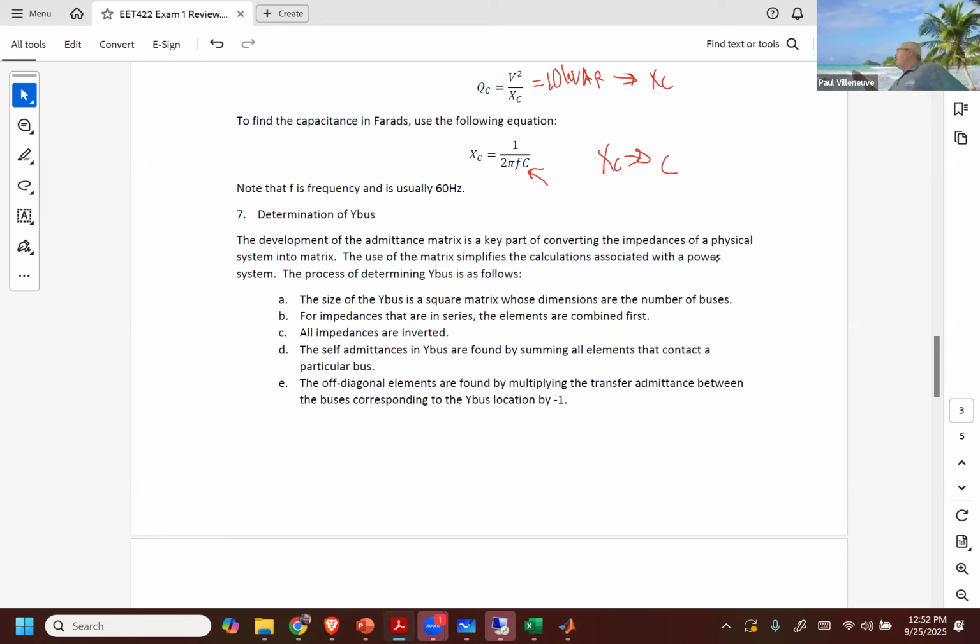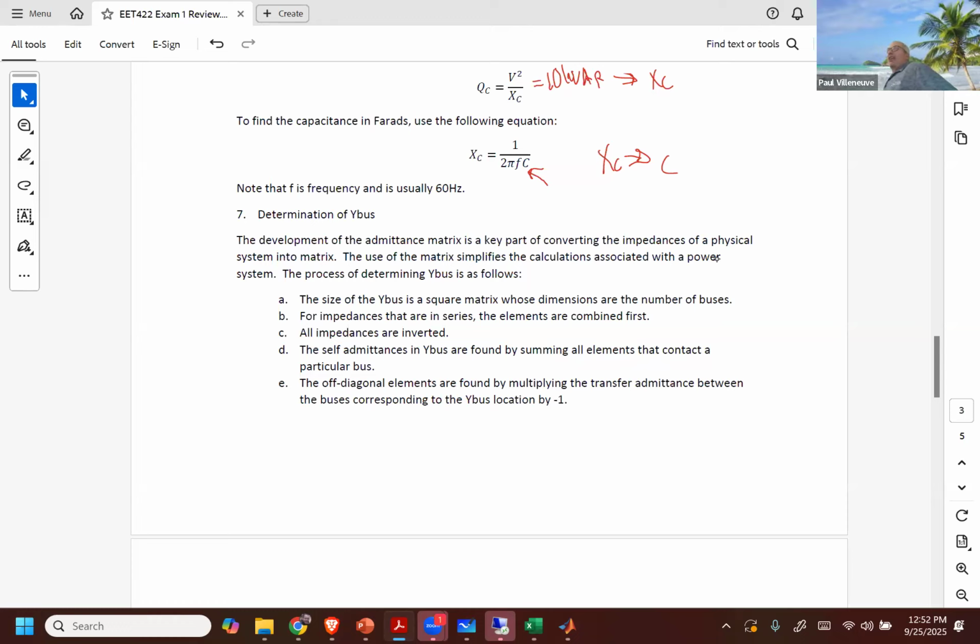Then the admittances that go between buses, those are called transfer admittances, and those are put in your Y bus by subtracting the actual admittance, putting the negative of it in there. So your diagonals for a typical real world system are going to have negative J terms, and your off diagonals will typically be positive J terms.